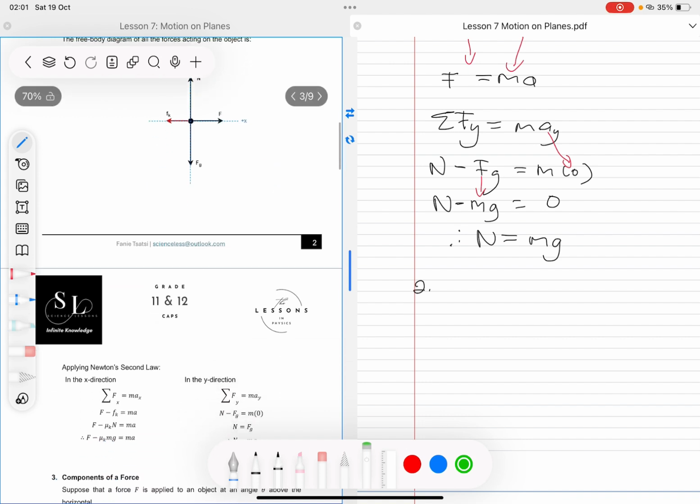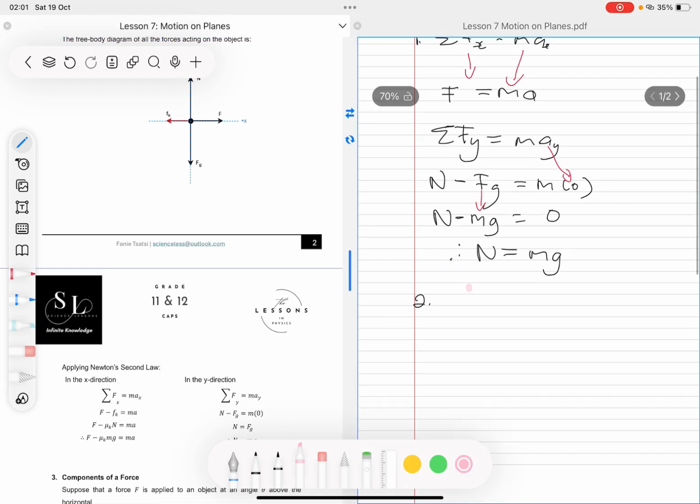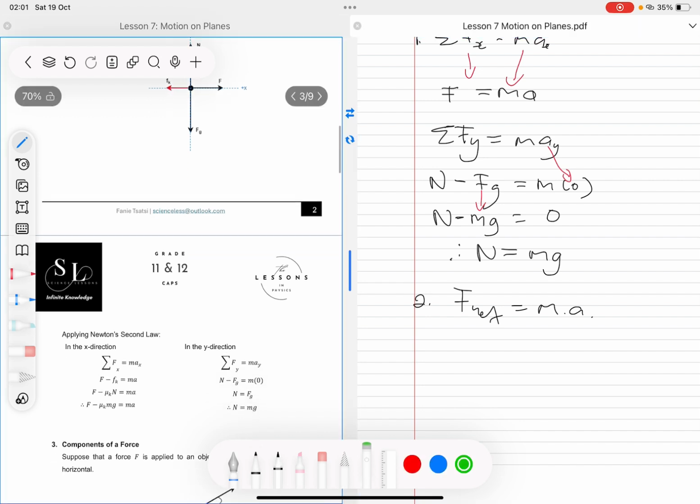Again, Newton's second law, we said that we apply it in each direction, in each component separately, because the formula net force equals mass times acceleration is divided into two. It has the x component and the y component.